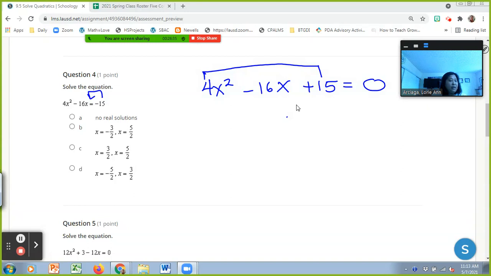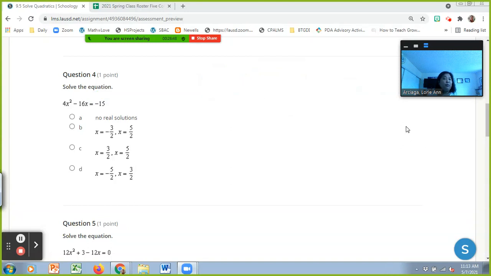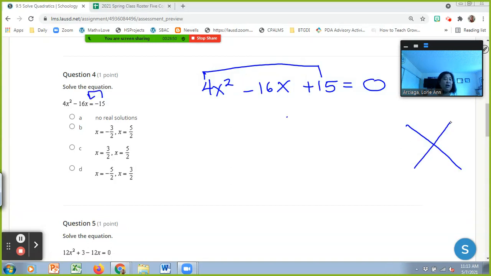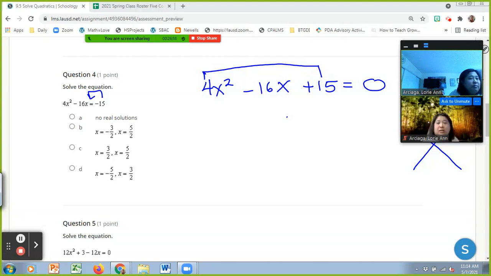All right, so moving on. The way that I knew that this was factorable when I saw it was when I multiplied 4 times 15. I know that's going to equal 60, right?